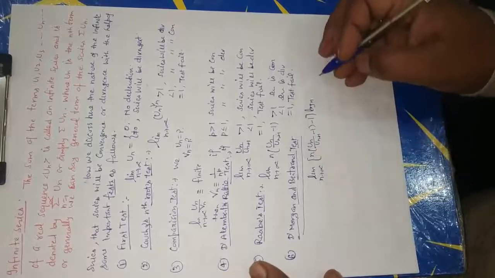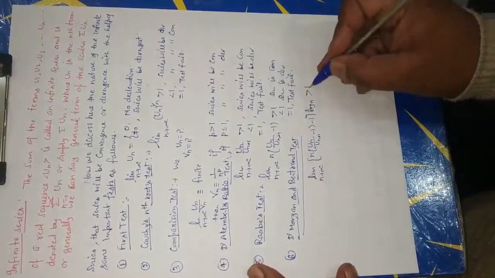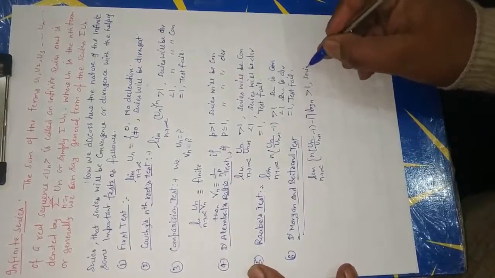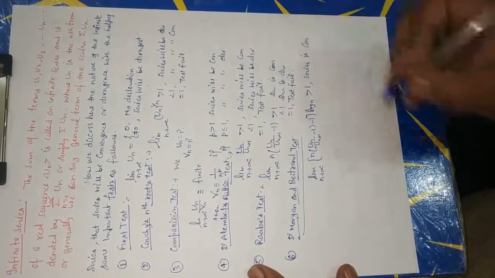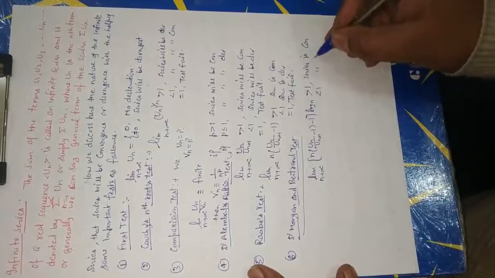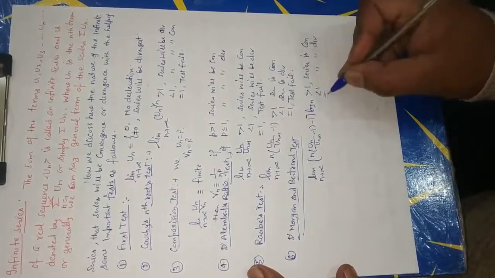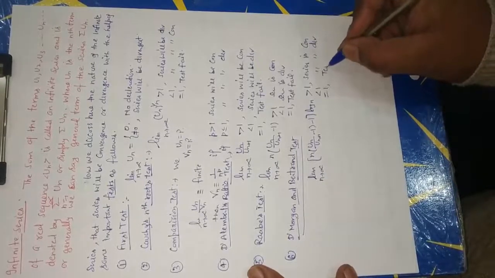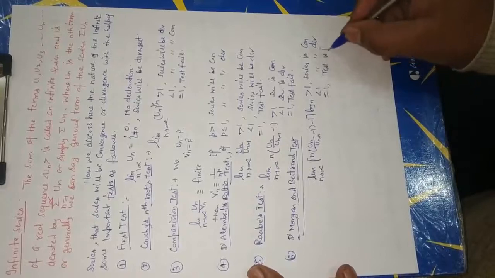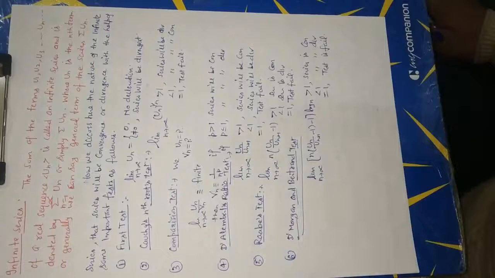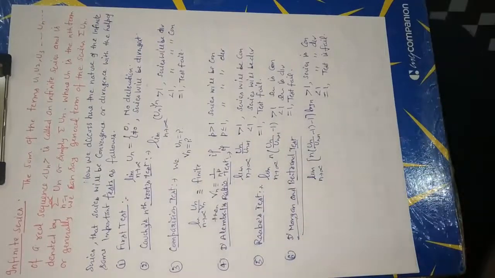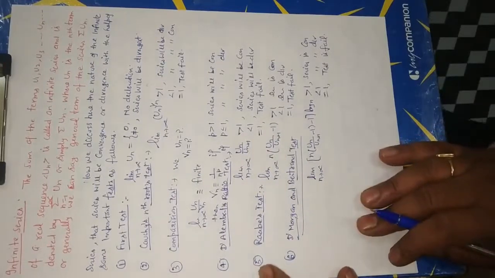If greater than 1, the series will be convergent. Less than 1, the series is divergent, or equal to 1, the test fails. Almost always when De Morgan and Bertrand test is used, it does not fail.